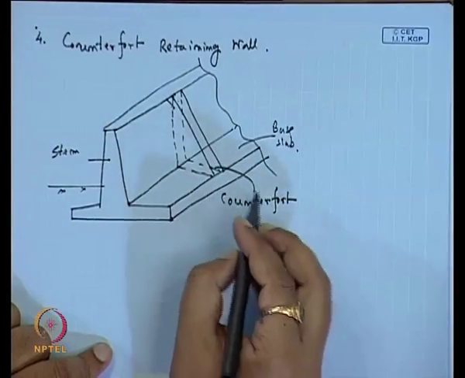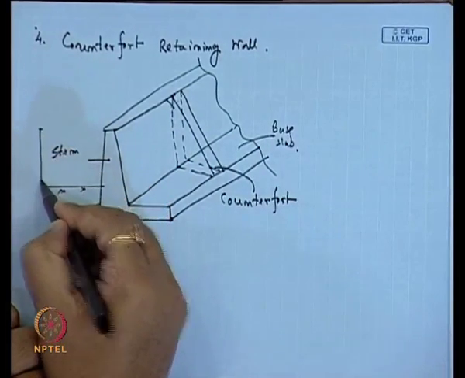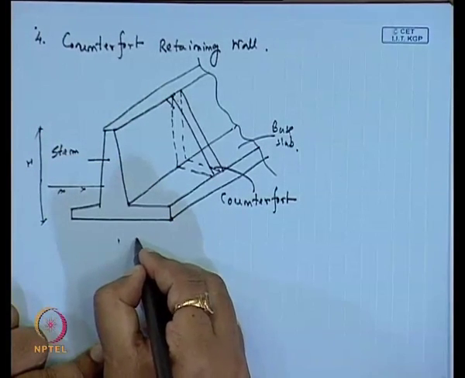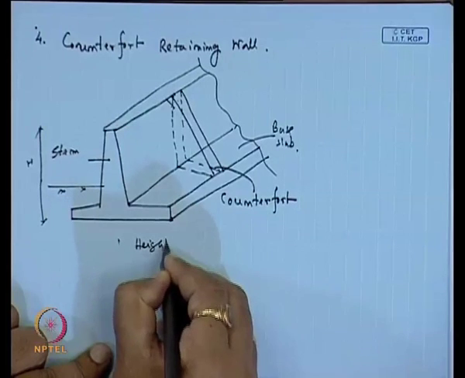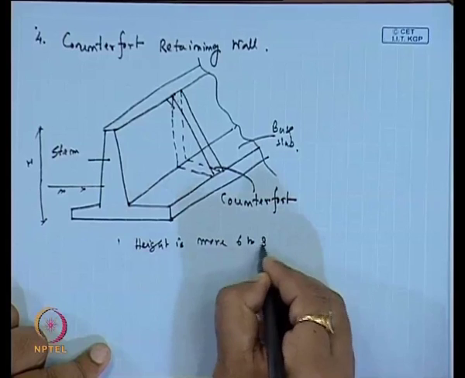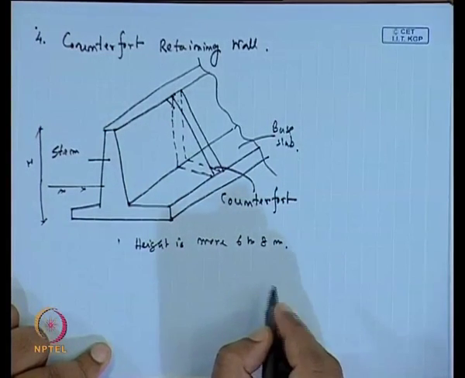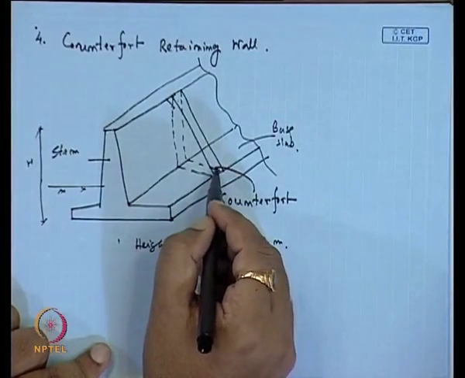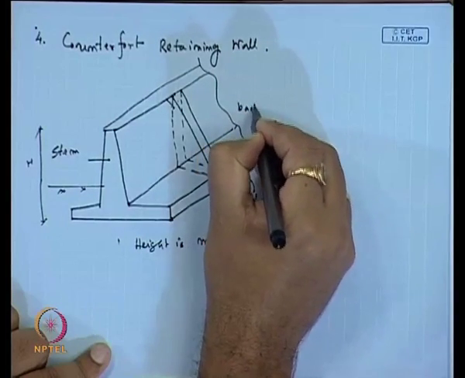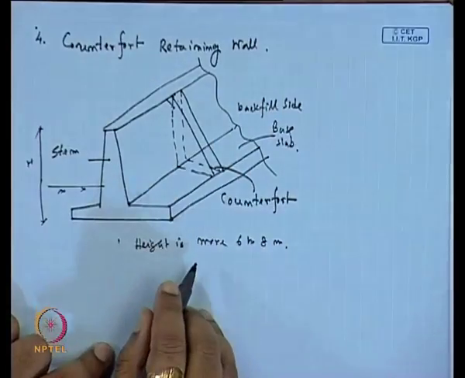This is economical if the height of the retaining wall is more than 6 to 8 meters; then this type of retaining wall is very suitable. And these counterforts are used on the backfill side, because this is our backfill side.